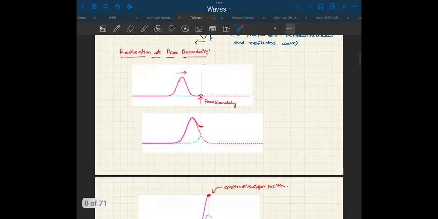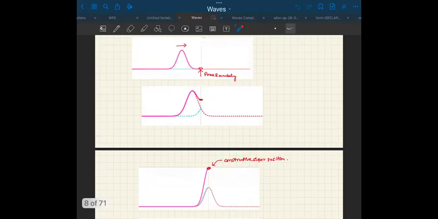When the entire pulse reaches this point, what will happen is, the forward coming wave and the reflected wave pulse both take a constructive superposition. As a result, the ring will go till here.